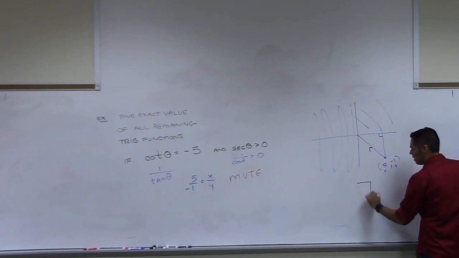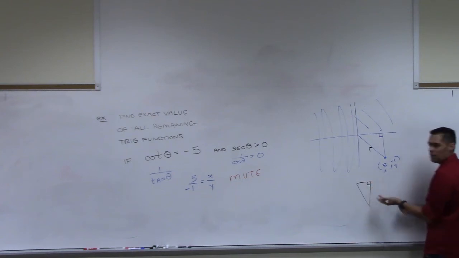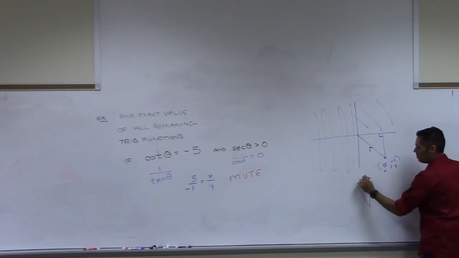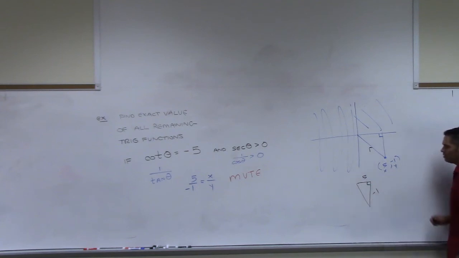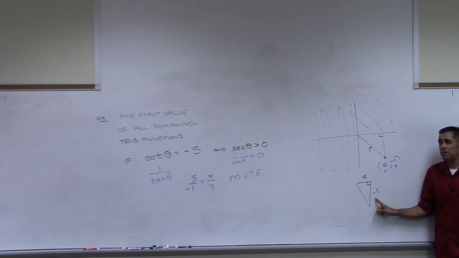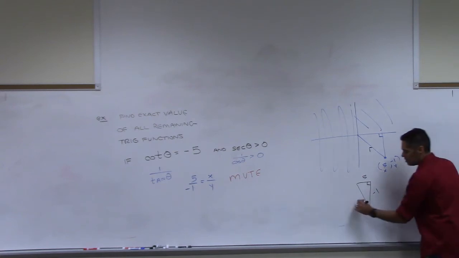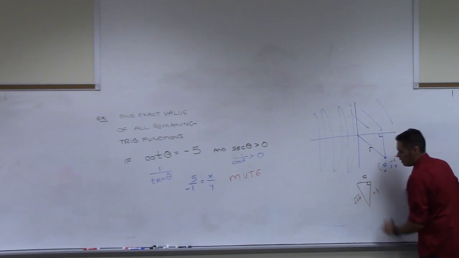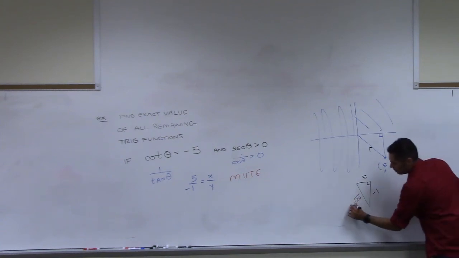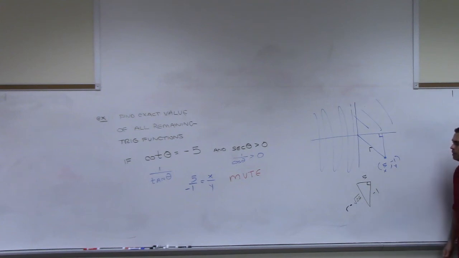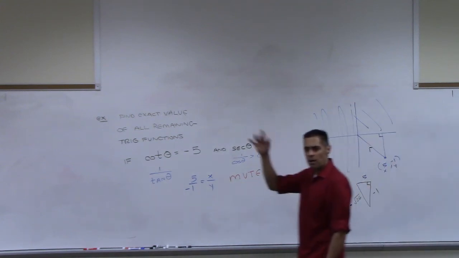So using your triangle, and again, not really caring what it looks like, I know that's 5 and that's negative 1, right? So we can go 5 squared plus negative 1 squared, which would be 26, and then take the root. So this should be root 26. That's your r. And that's it. We have everything, x, y, and r.